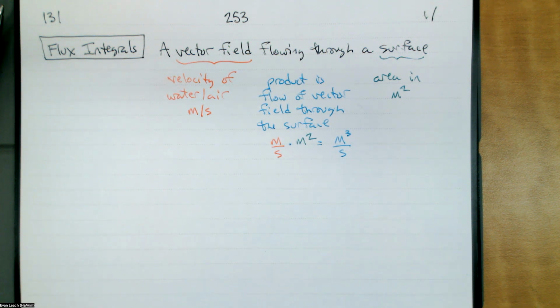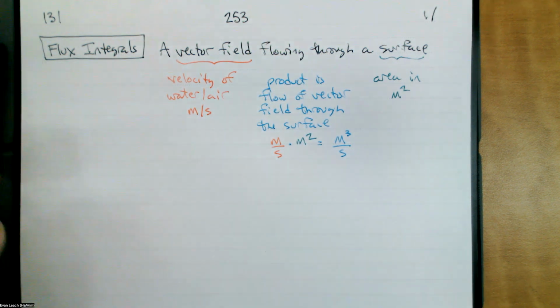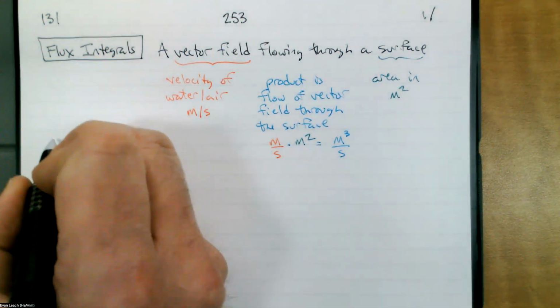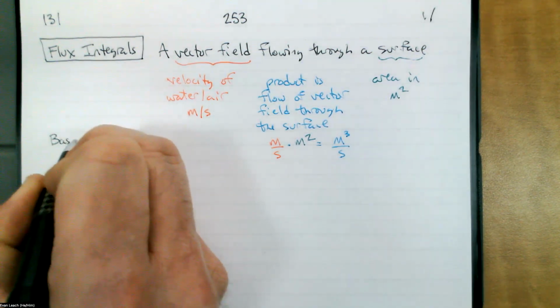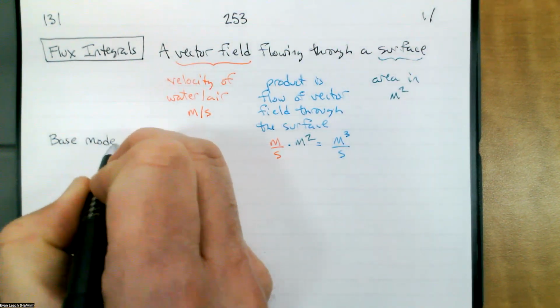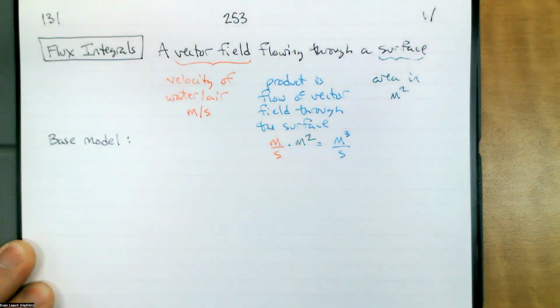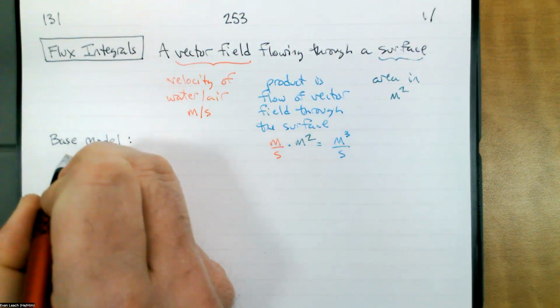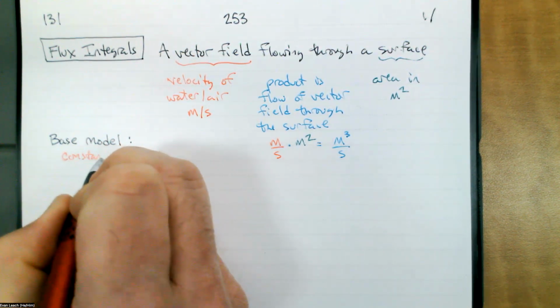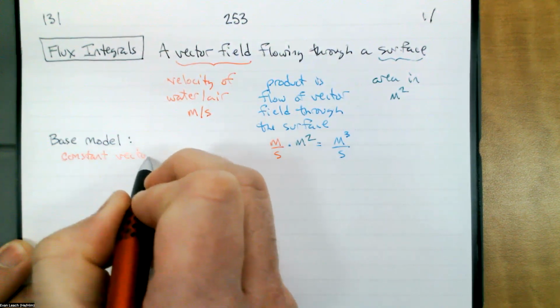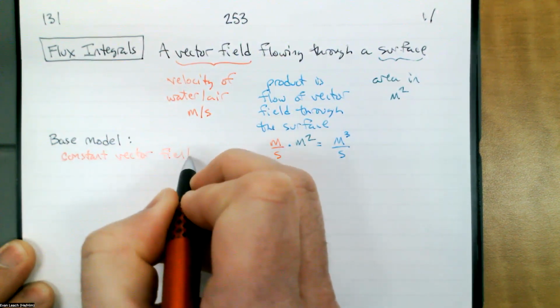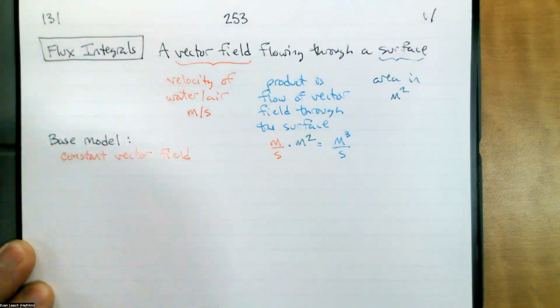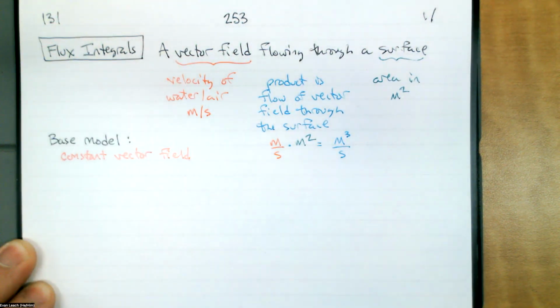The base scenario is a constant vector field flowing perpendicular to a flat surface. So the base case, our base model, will be a constant vector field flowing perpendicular to a flat surface.